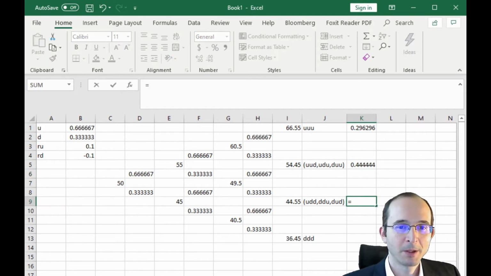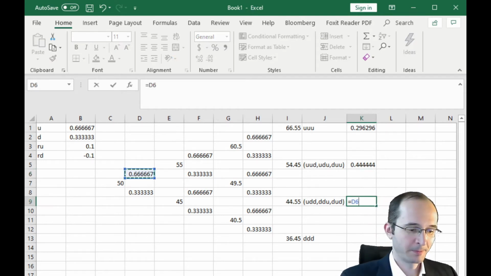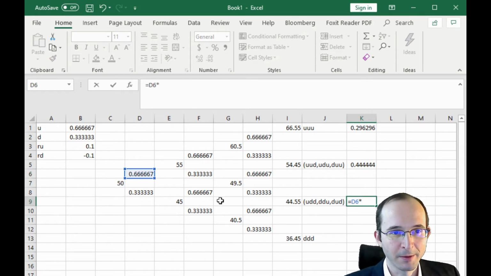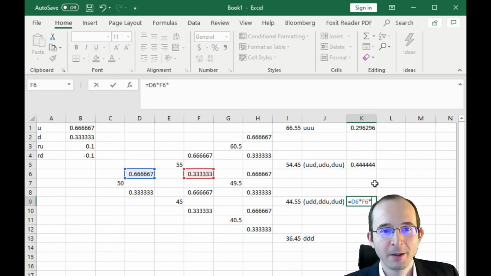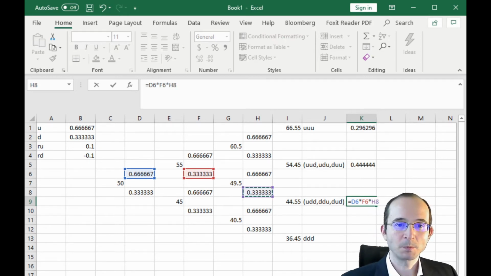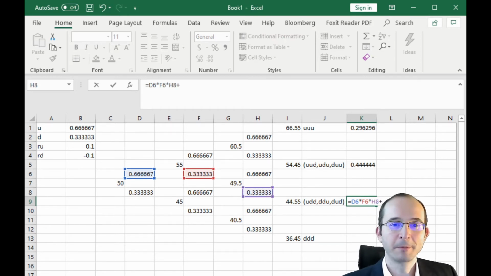What about this one again? Three different ways. You go up, and then down from 55 to 49.5, and then down again from 49.5 to 44.55. That's the first way.